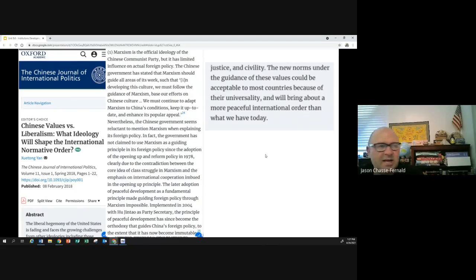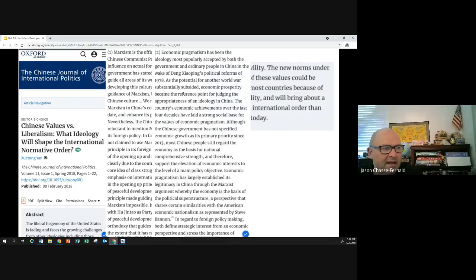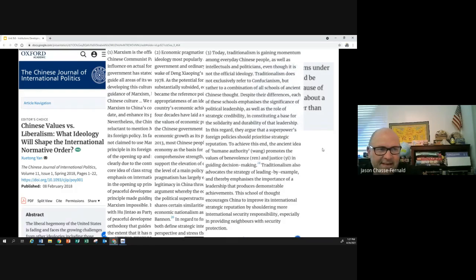So what is the Chinese value? Marxism, the official ideology, right? Primarily they are offering Marxism as an ideological guide. They're also offering economic pragmatism, right? And feel free to read through this if it interests you.